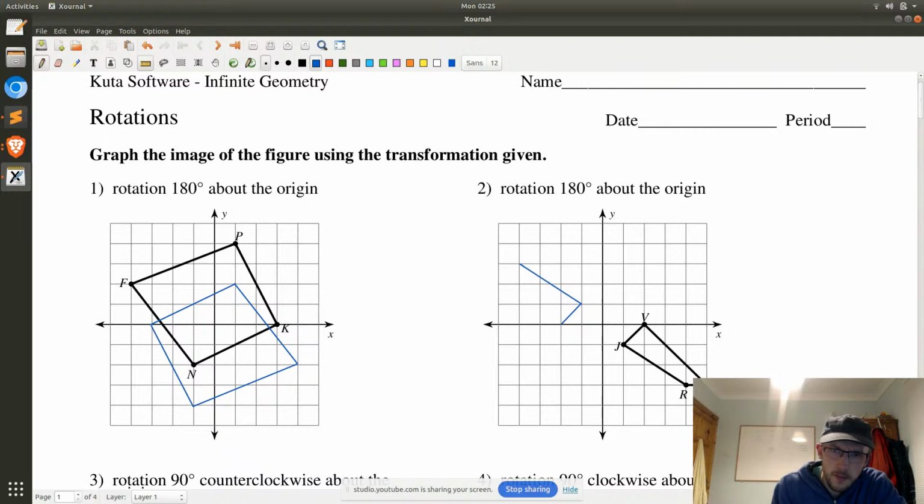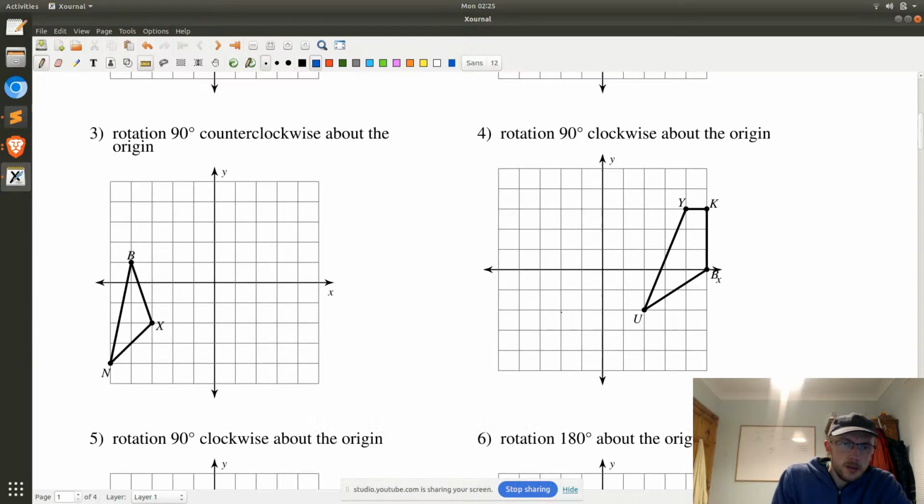There. Where does Y go? That's what I believe.